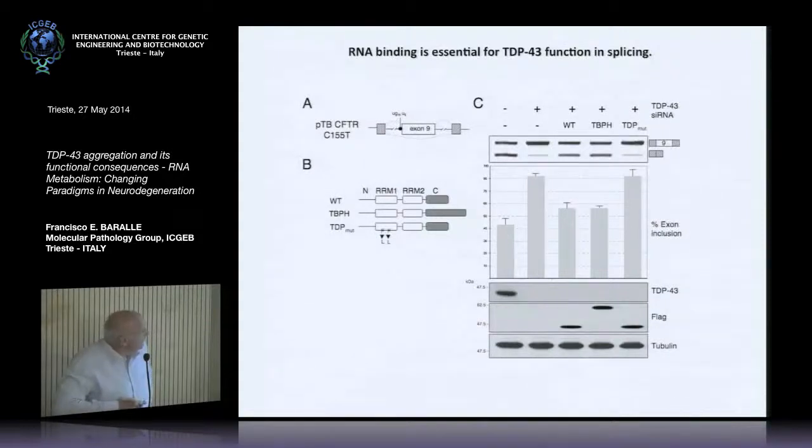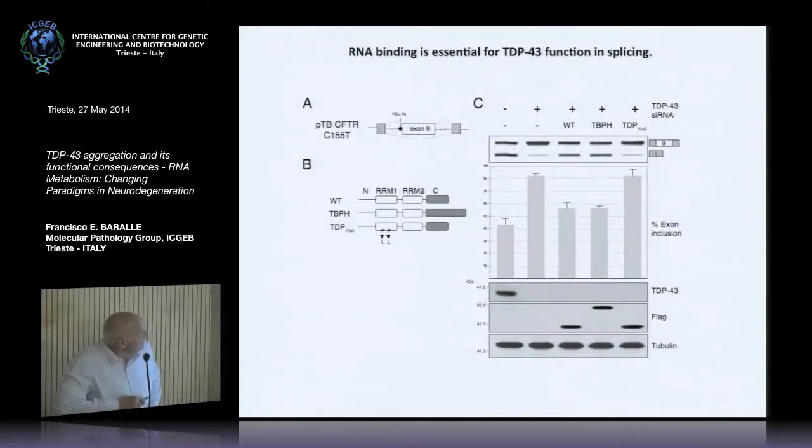And you see here one example. In this system, if you mutate the RNA binding ability, then you lose the possibility of recovering inhibition of splicing. Here you have the CFTR exon 9 in the two forms.